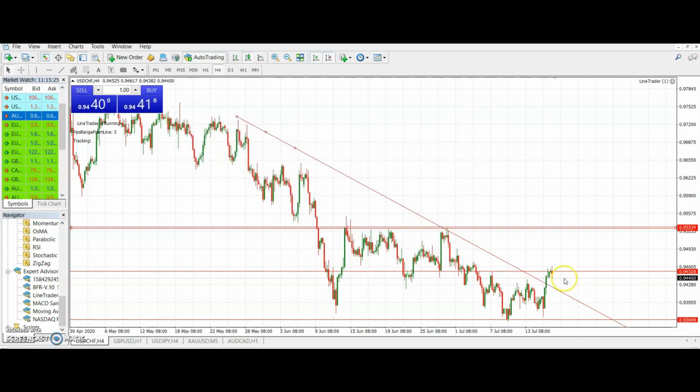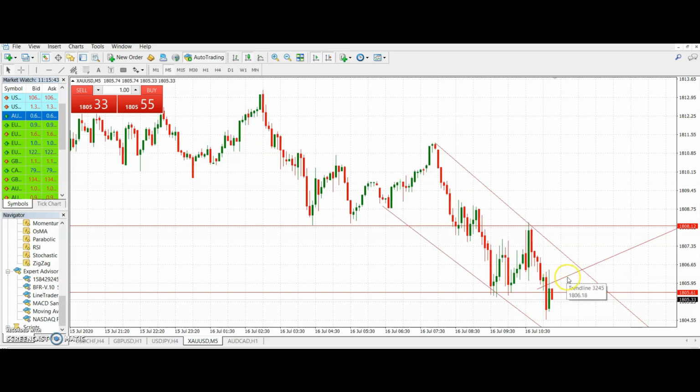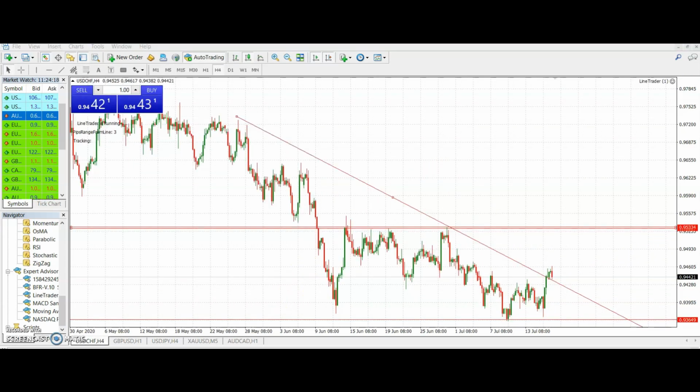So let me just leave an example. Let's say I want to buy below. All right, I'm on USD CHF, and then maybe I say, for example, I want USD CHF to sell below this line.